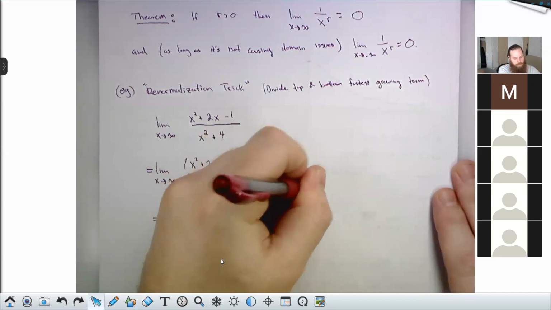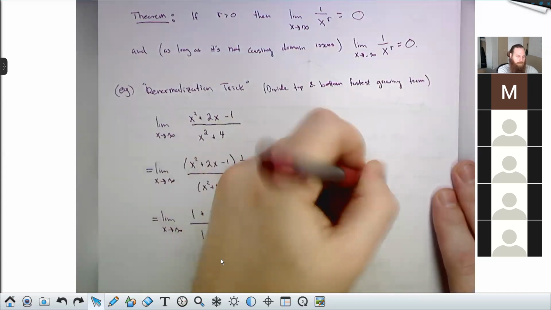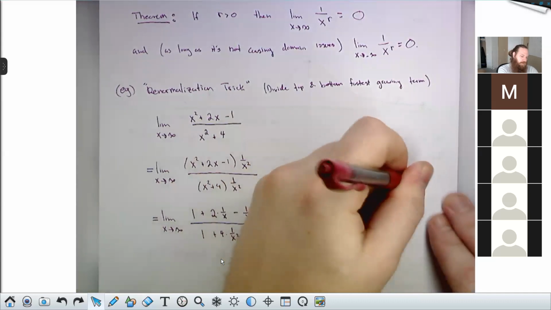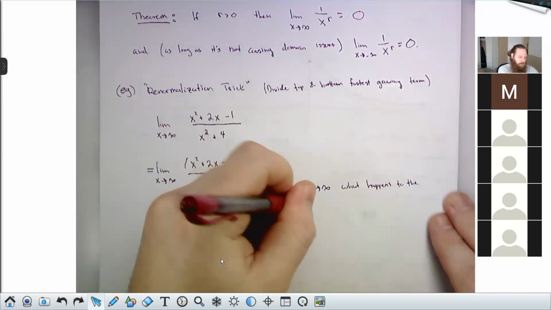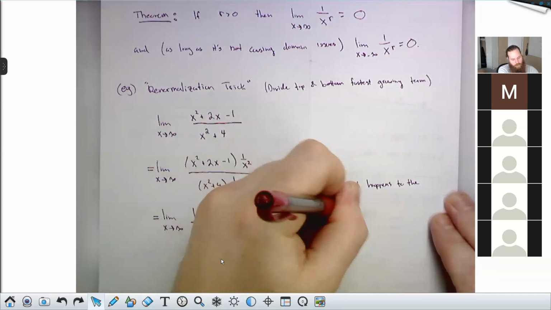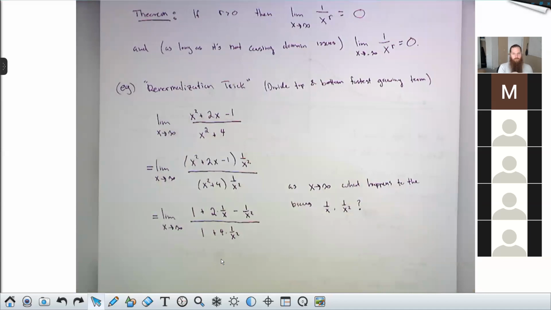As x goes to infinity, what happens to the pieces? One over x and 1 over x squared, because everything else here is constant. The only non-constant pieces are 1 over x and 1 over x squared.